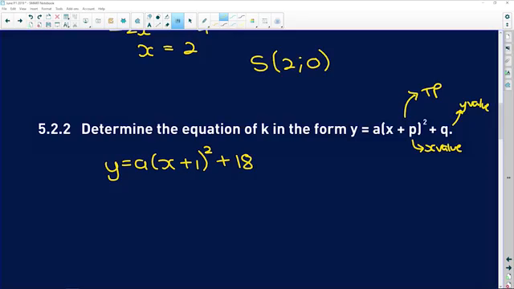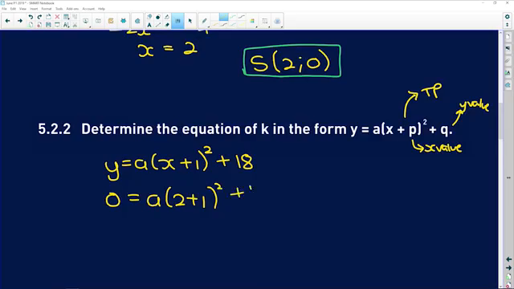Okay, so now we've got this, all we have to do is substitute another point into the graph, and we've just worked out the coordinates of S, it's the x-intercept. So 0 equals a(2 plus 1) squared plus 18. So keep on going. I'm going to first simplify the brackets.